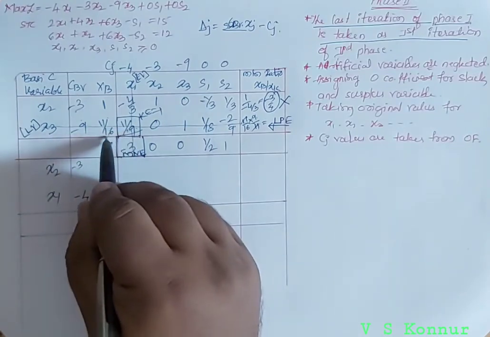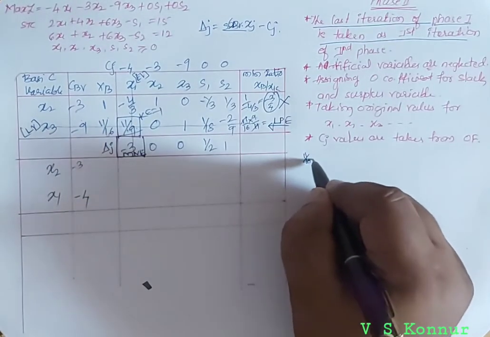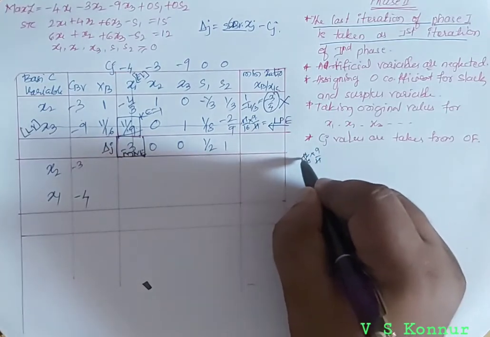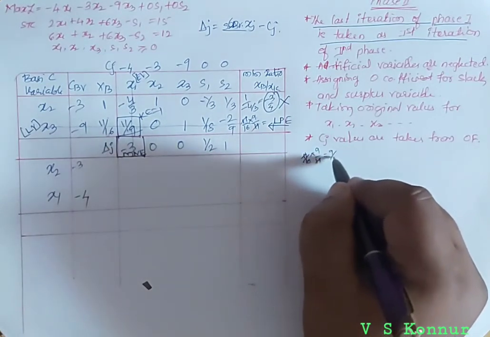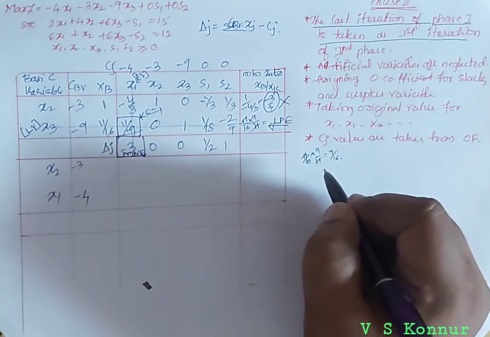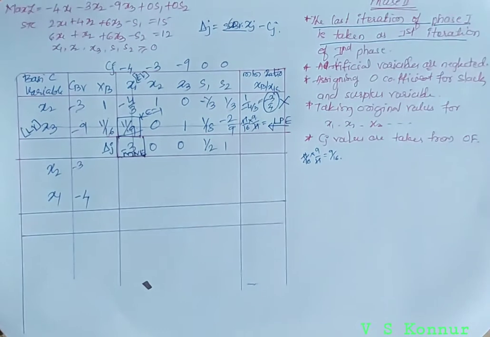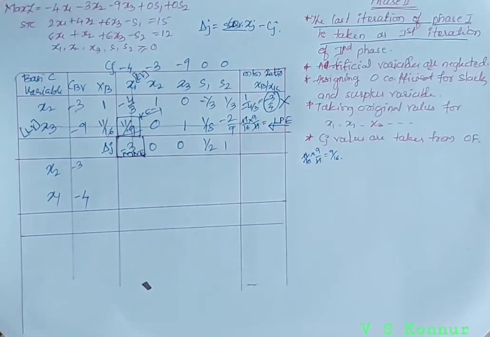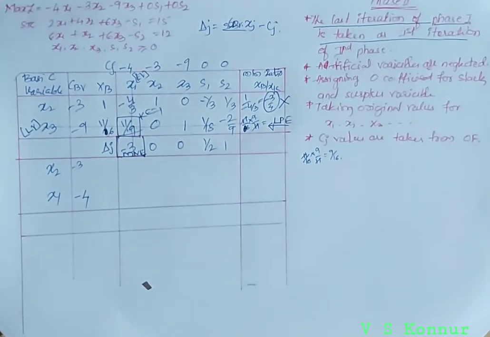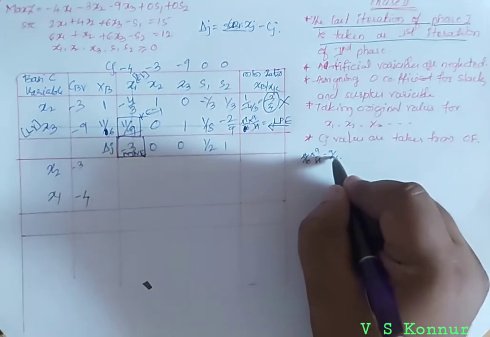Now to make it 1, we should divide by 11 by 9 for this. 11 by 6 divided by 11 by 9, that is, multiplied by 9 by 11. 11 cancel to each other. So this is 11 by 6, not 16.